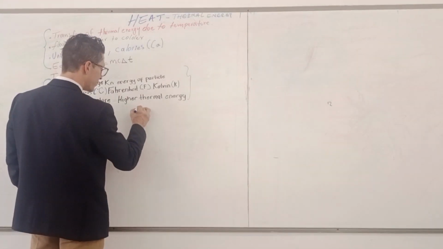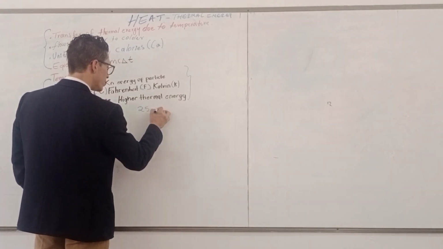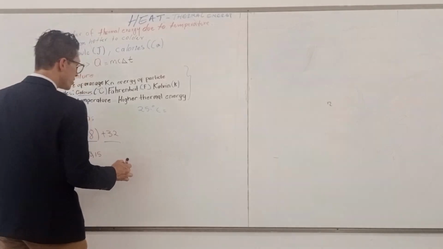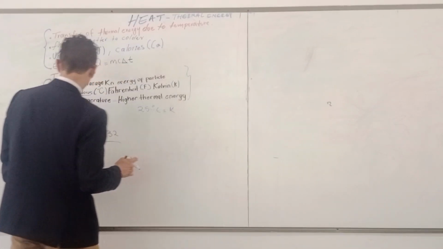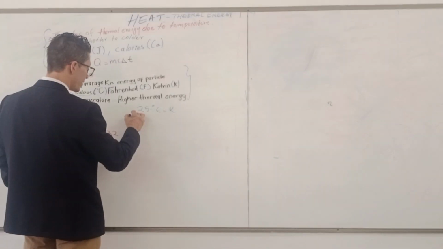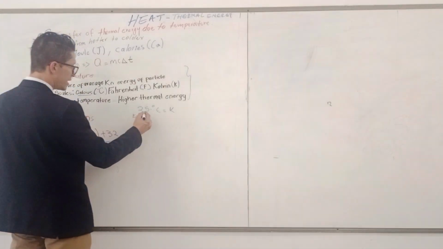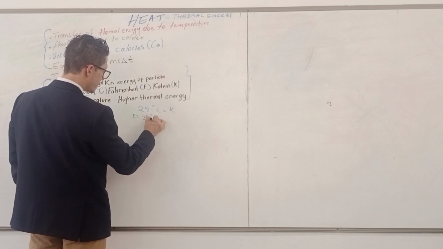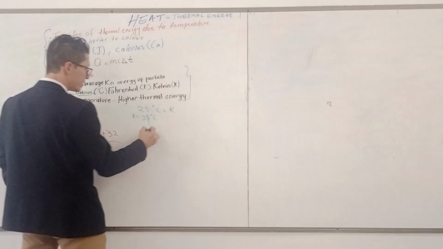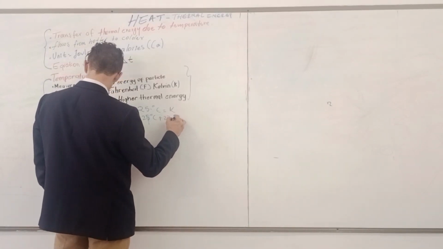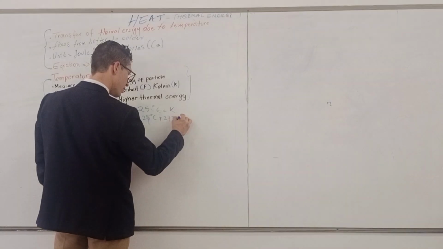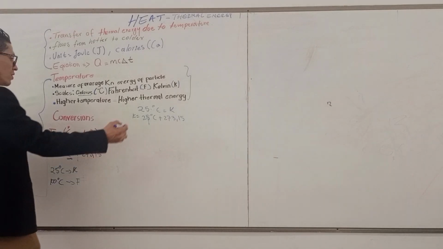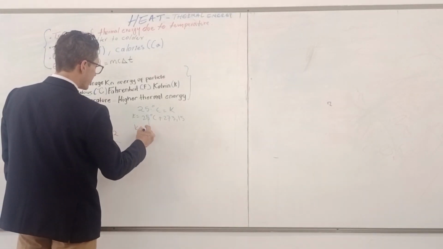It's pretty simple. 25 Celsius to Kelvin. The main equation is: Kelvin equals 25 Celsius plus this constant. You can work it out by yourself.